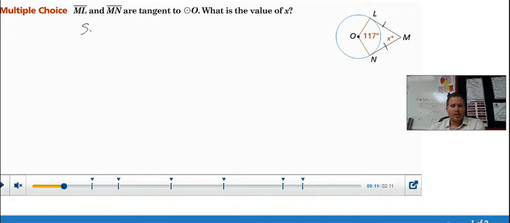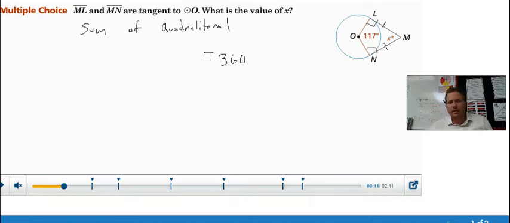So I'm going to say the sum of the angles of a quadrilateral is going to be 360 degrees. All these angles added together are going to equal 360 degrees. I know that my radii and my tangents are going to make a 90-degree angle.